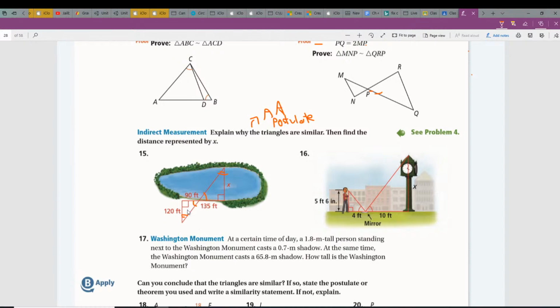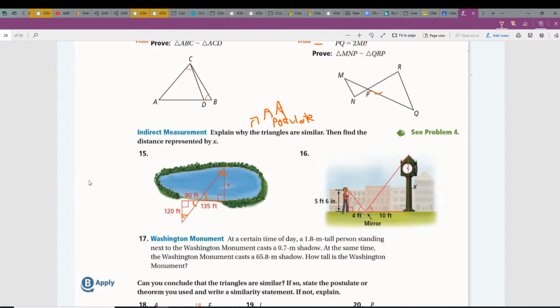We know 3 side lengths, and all we have to do is correspond the side lengths with the other side lengths of the other triangle. So this side, which has a right angle and that vertical angle, corresponds with this angle because it also has a right angle and the vertical angle.